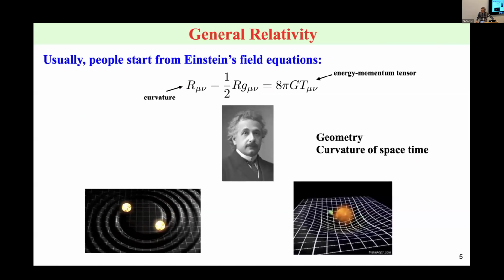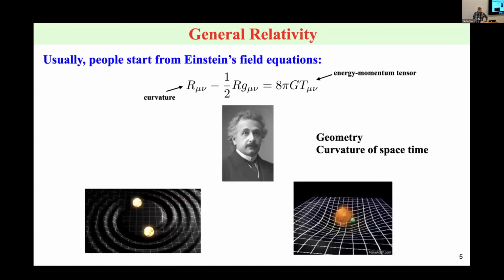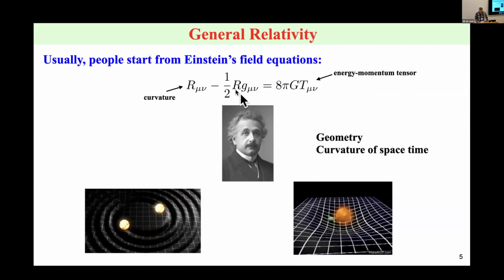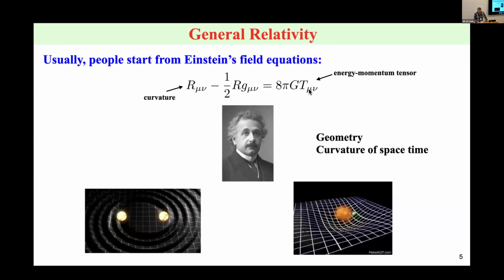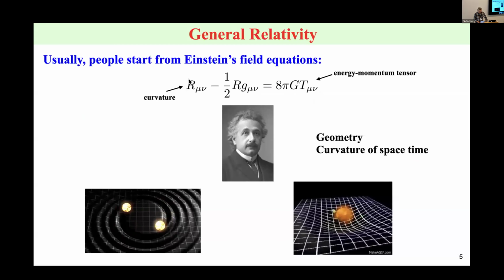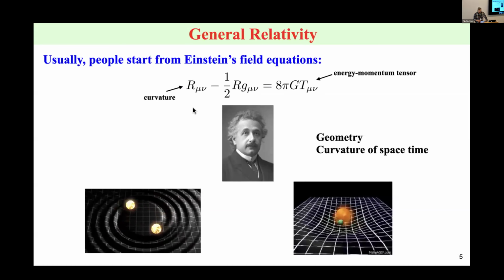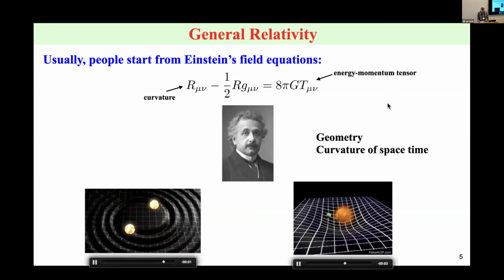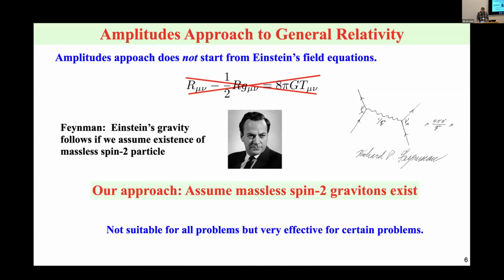So the way people normally do general relativity, of course, you start with Einstein. There's Einstein's famous equation. What that tells you is the relationship of energy and momentum to the curvature of space and time. And anyway, you can listen to Neil deGrasse Tyson explain all that. That's not how we do things. We start from someplace completely different.